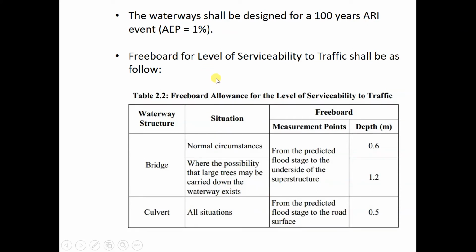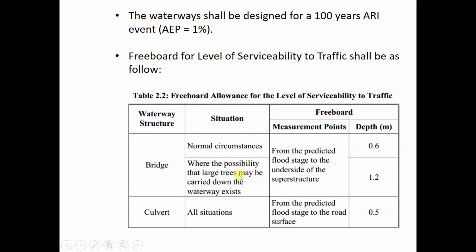So the water below the bridge will not go up to touch the soffit or the deck, the bottom part of the bridge. In this case the gap is 0.6 or 1.2, and for the culvert you need to leave a gap of 0.5.